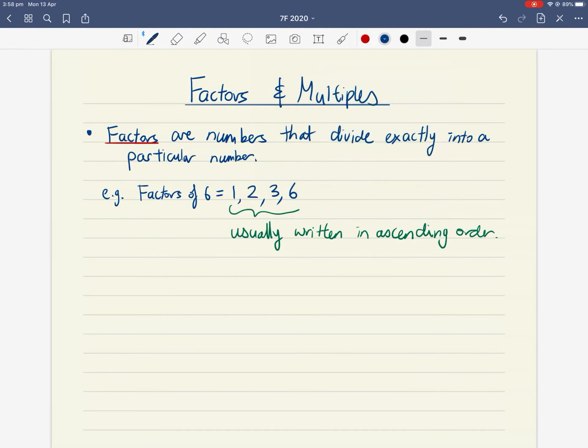Now, the second word that we're going to talk about today is multiples. So what are multiples?